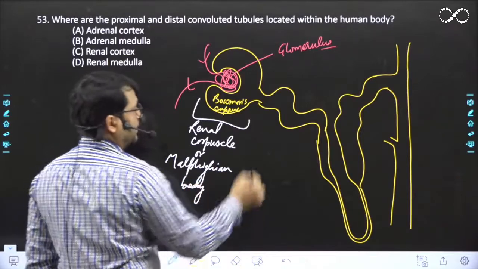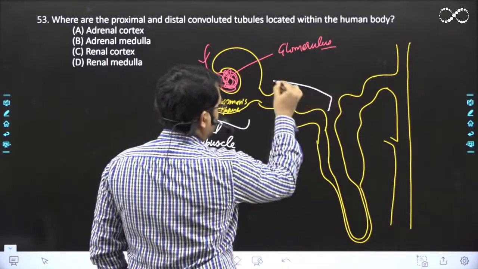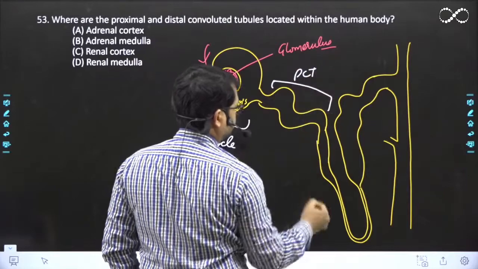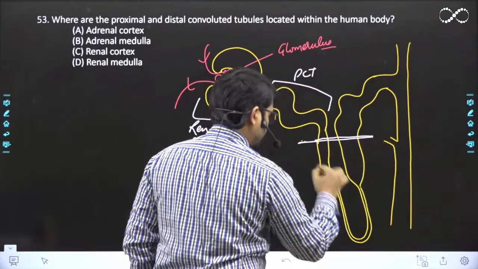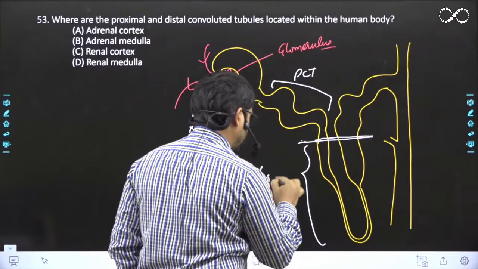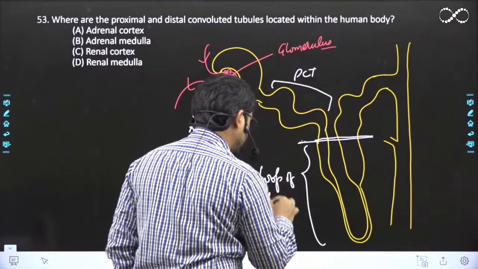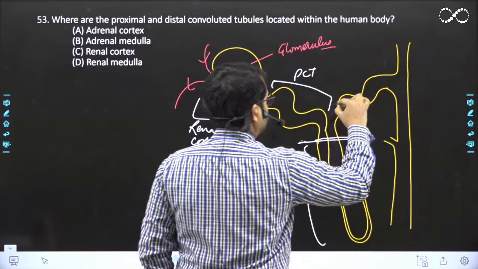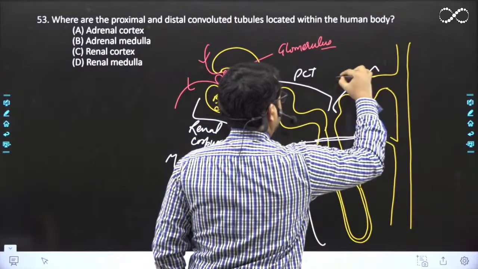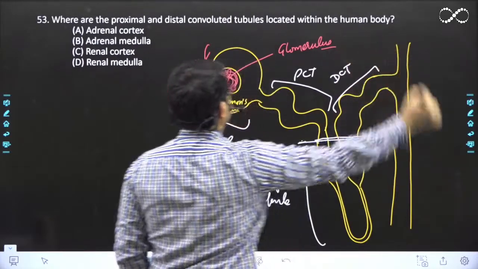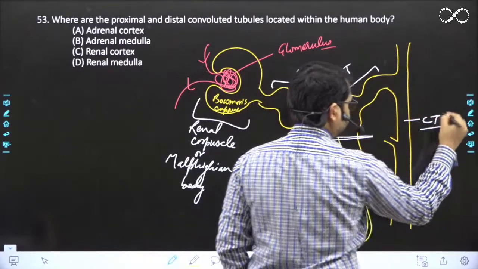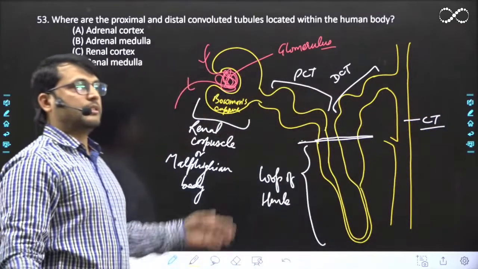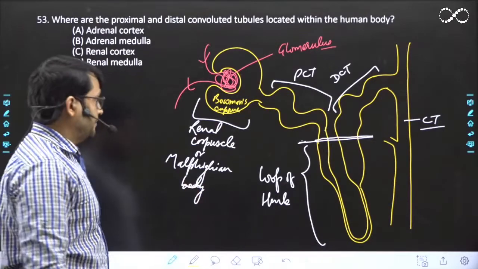Correct? This convoluted part is known as PCT. This is loop of Henle. This another convoluted part is called DCT, distal convoluted tubule, and this is CT, collecting tubule. Remember? So this is the structure of what? A nephron.